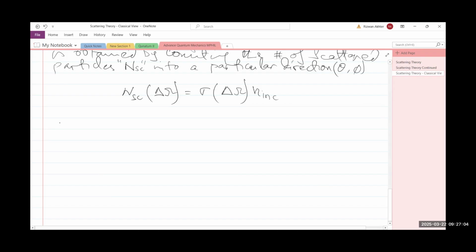So where we have sigma times delta omega, ये क्या चीज है?